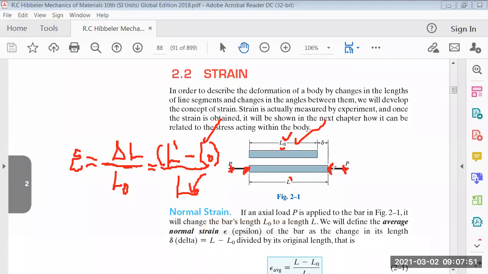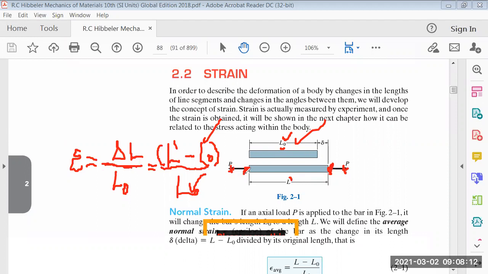After applying a compressive force at both of its ends, what are you going to get? If this is the original length, L sub naught, the new length would be less than the original length.